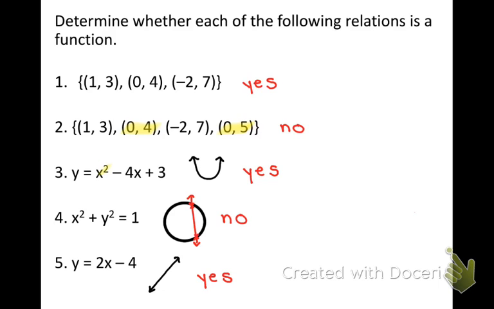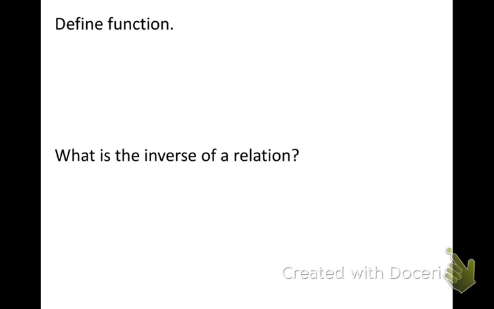So remember that if we want to define a function, a function truly is a relation for which each input value, each x value, is paired with exactly one output value, each y value. So let's write that out.